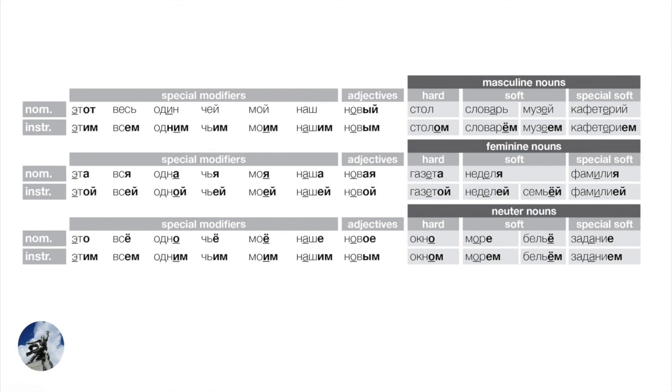Этим, всем, одним, чем, моим, нашим, новым. Okay, there's our ordinary hard adjective. And now some nouns: столом, словарём, музеем, кафетерием. Okay, feminines: этой, всей, одной, чьей, моей, нашей, новой, газетой, неделей, семьёй, фамилией.